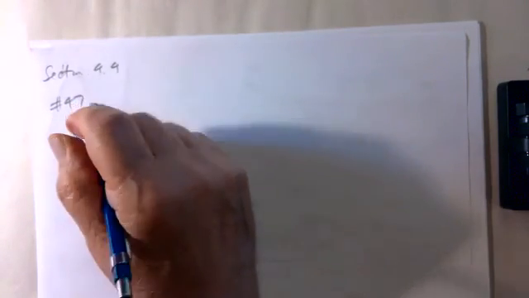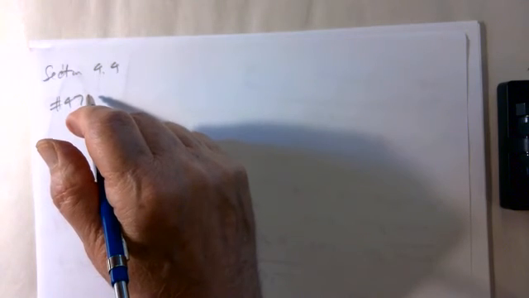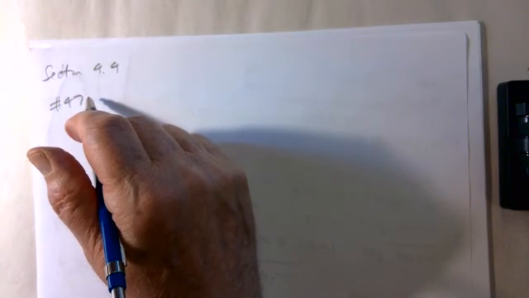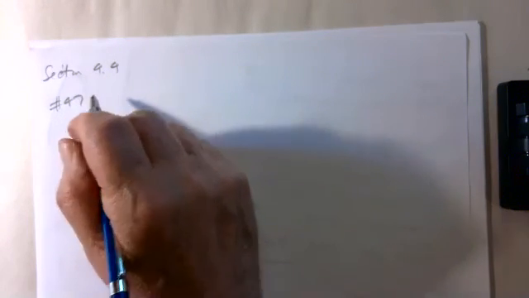Let me do one of the homework problems. Again, this is all in section 4.4, number 47. It says, find the relative extrema and use the second derivative test where applicable.